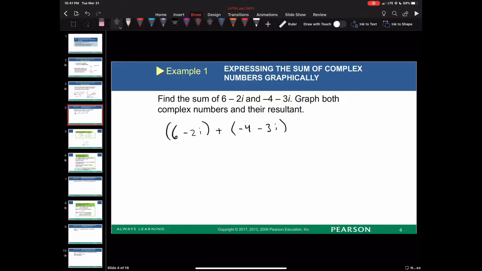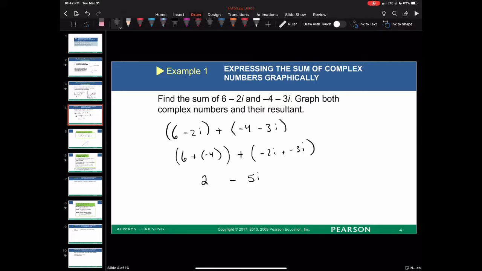All right, now we're going to put our real with our real. So we have 6 plus a negative 4, then plus negative 2i plus negative 3i. So when we do this, we'll get 2 minus 5i.